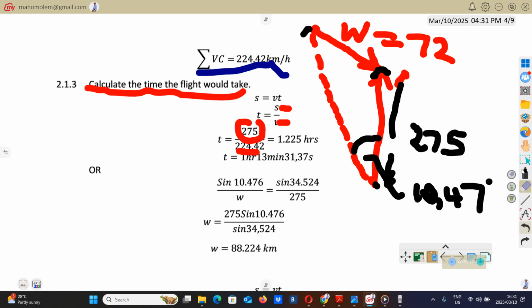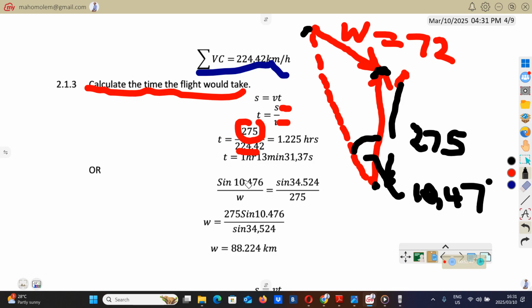So you can still use the sine rule to find the distance from here to there. Let me just call that distance W.